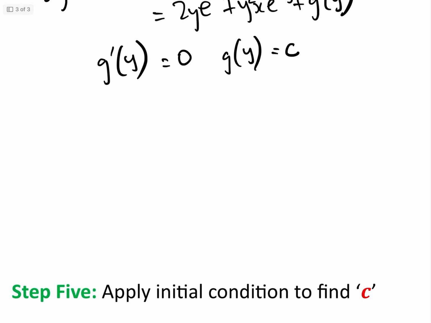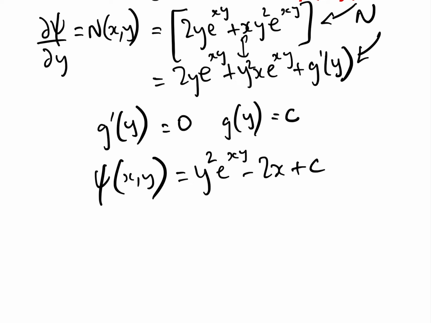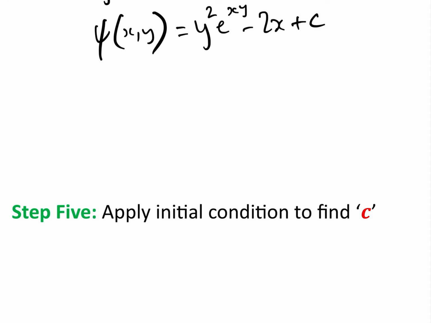Okay, so now we know that psi of x and y must be equal to y squared e to the xy minus 2x, add some constant. That is our implicit solution. Now, to find the constant from the initial conditions, we know that y of 0 was 1.